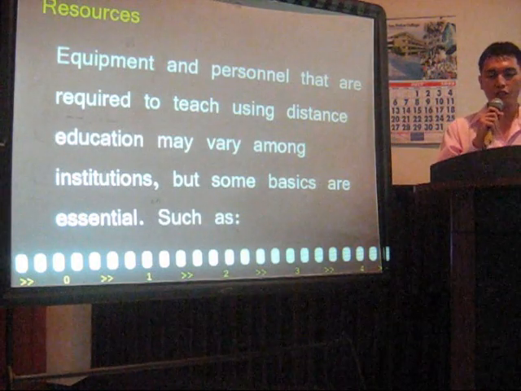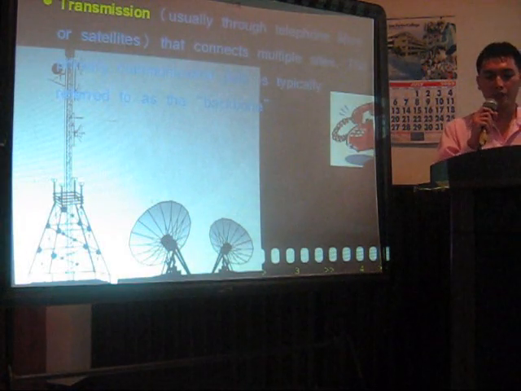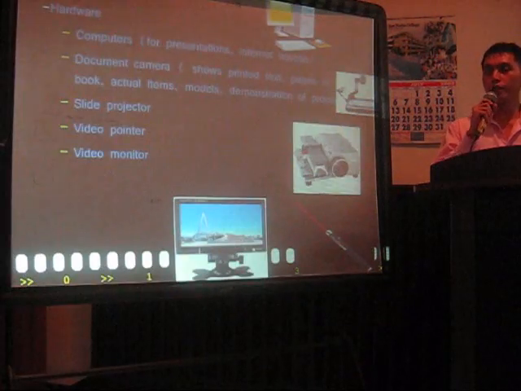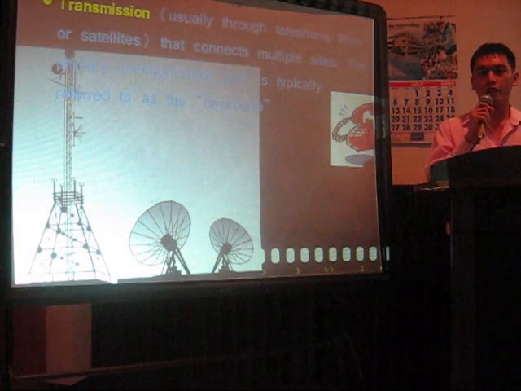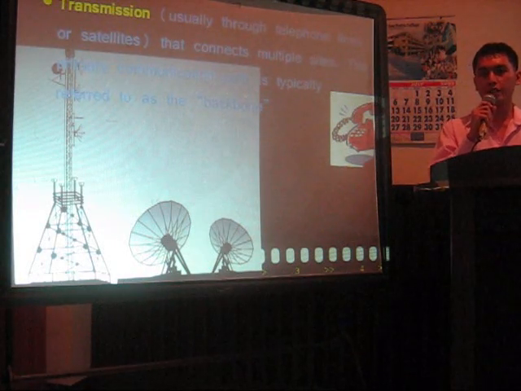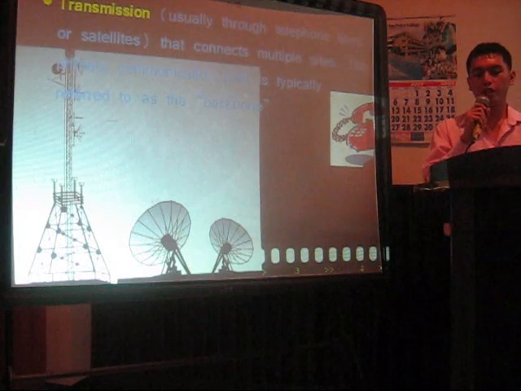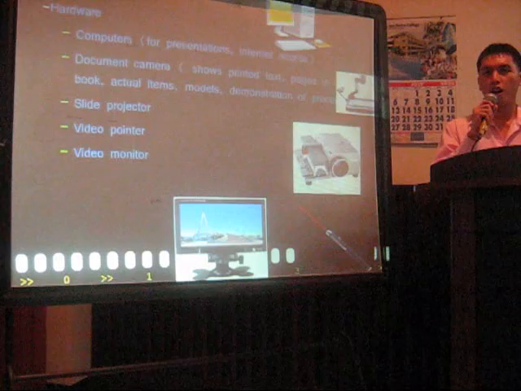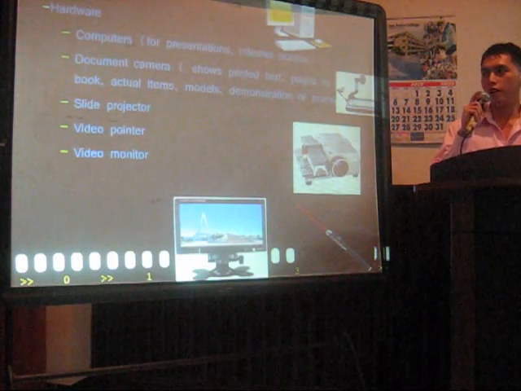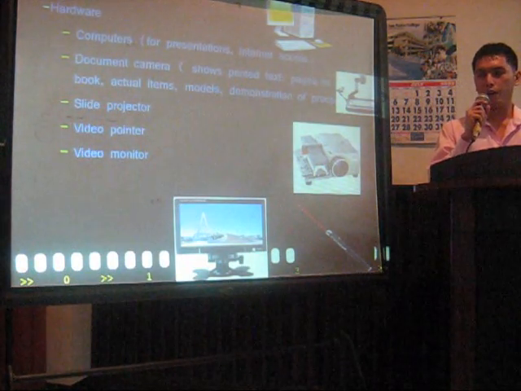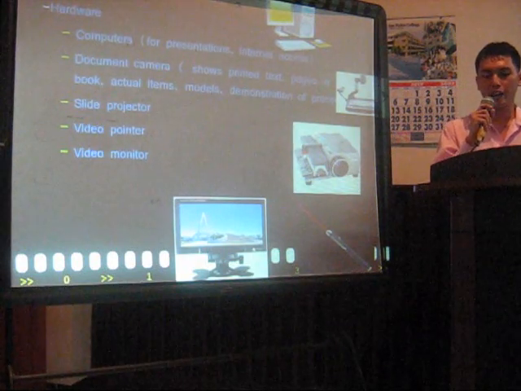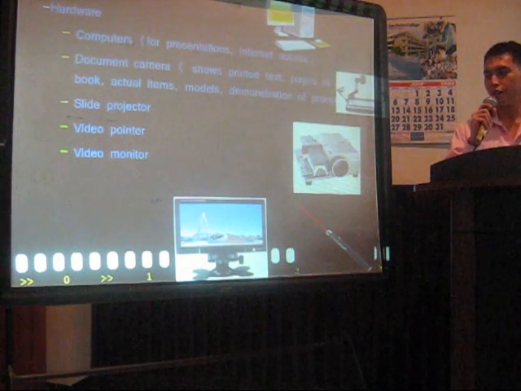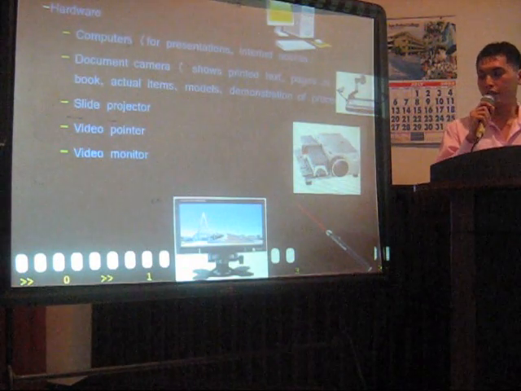Resources, equipment and personnel that are required to teach using distance education may vary among institutions, but some basics are essential, such as transmission, technology, infrastructures, and personnel. For transmissions, they use telephone and satellites. For technology, they use hardware, computers, document camera, monitor, and facsimile cameras, codec for necessary transmission of signals.